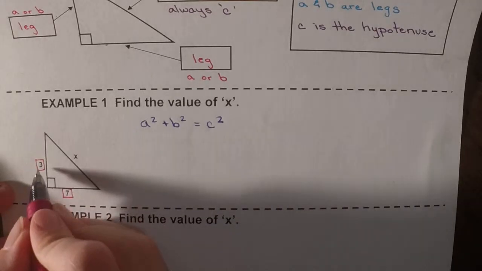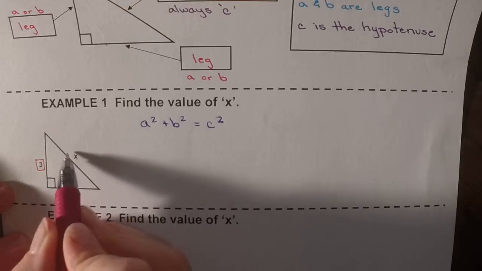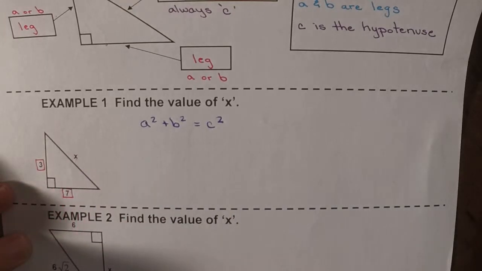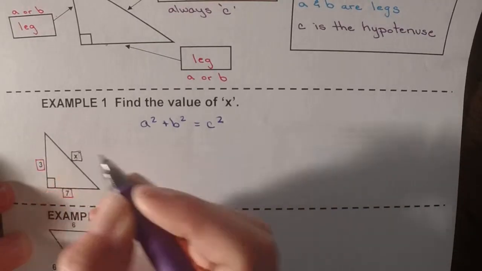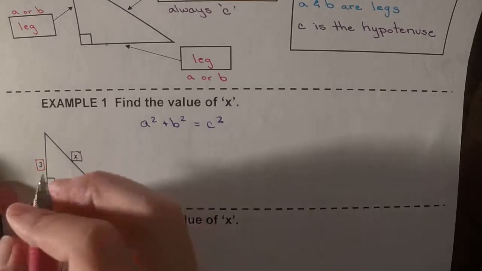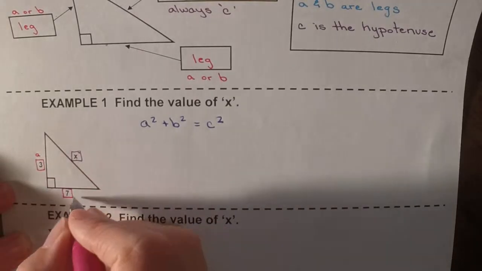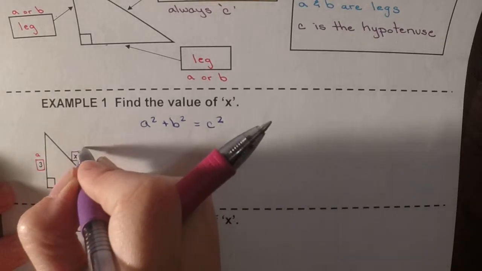So these are going to be my A and B. And then this is what I'm looking for, so this is going to be my C. So we'll mark that one in purple. There we go, so that we can set this up. So then I'm going to use this as my A, and I'm going to use this as B. Again, it doesn't matter. And then we're going to use this as C.